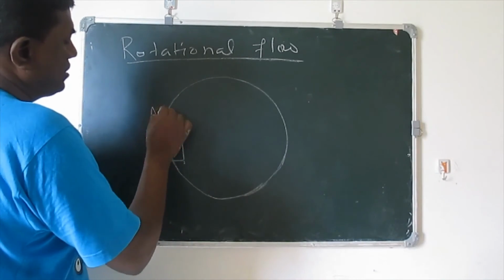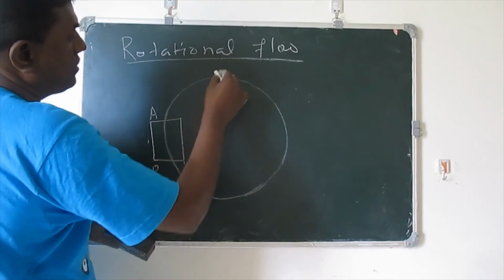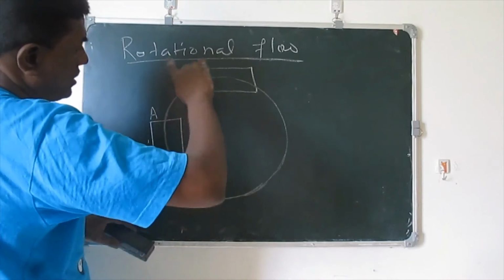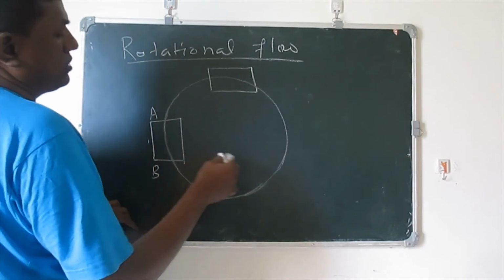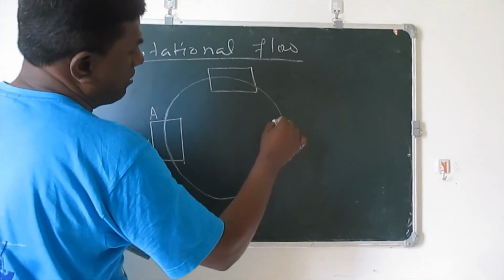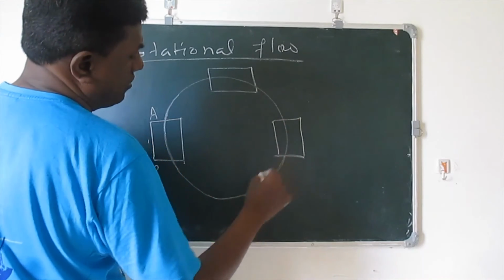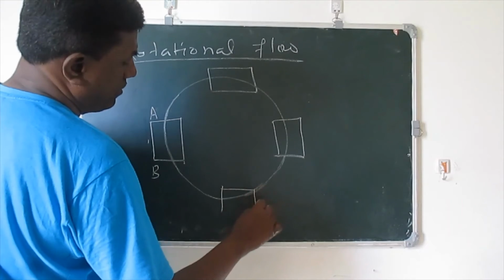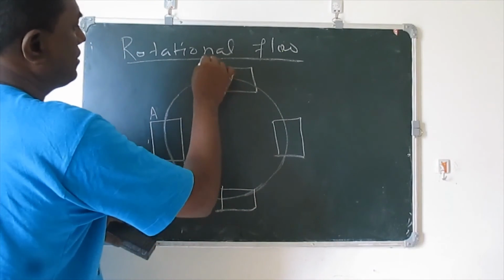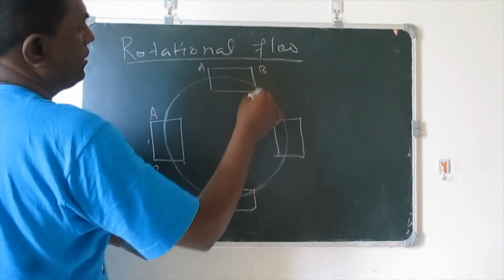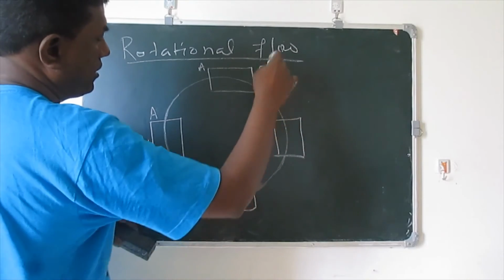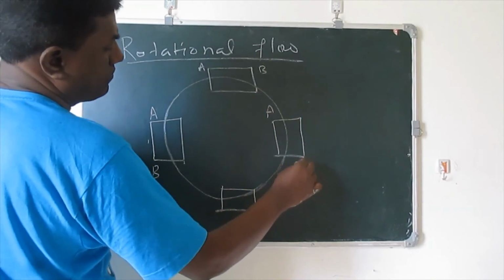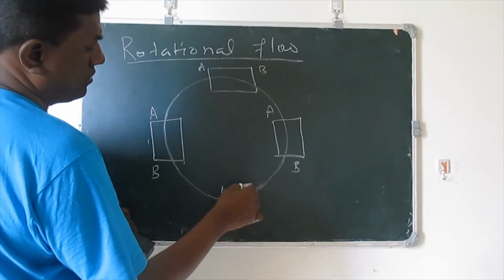Say for example, this is A, this is B. Then when it is coming here, it will be changing like this. So it is changing its orientation. And when it is coming here, it will again change, A, B, and like this.